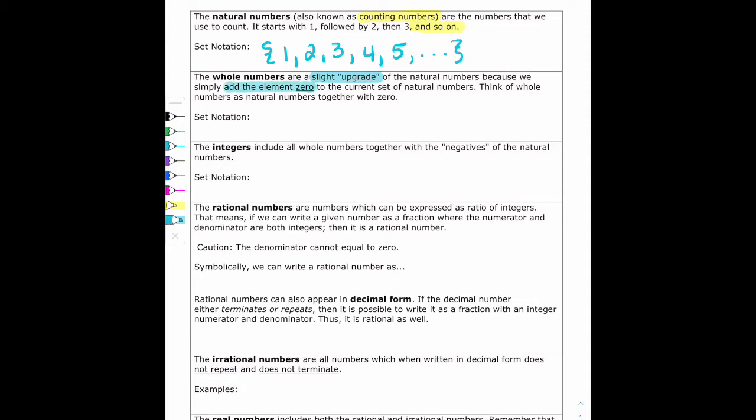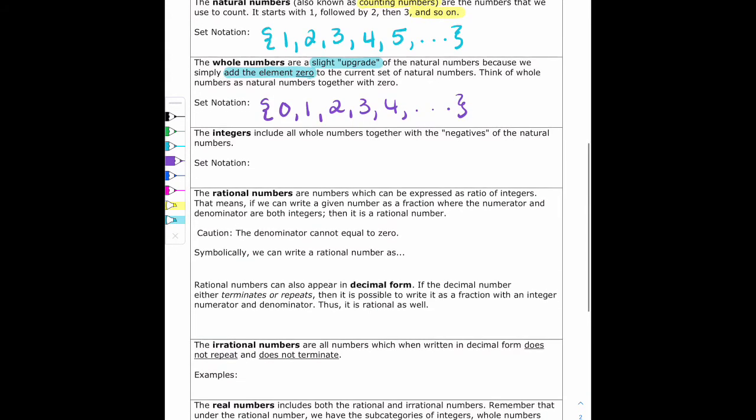So we add the element 0 to our current set of natural numbers. Think of it as the whole numbers are really just the natural numbers together with 0. In our set notation, we will have our squiggly brackets. We will start with 0 this time, then 1, 2, 3, 4, and so on to end our set.